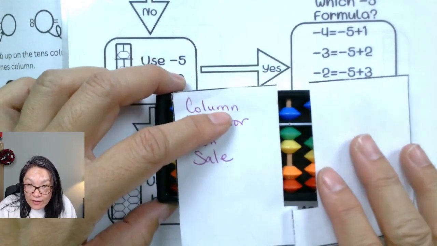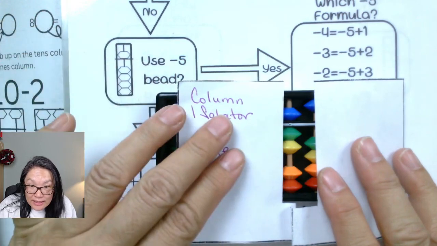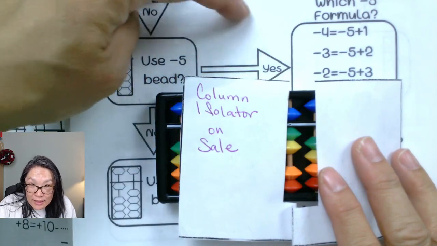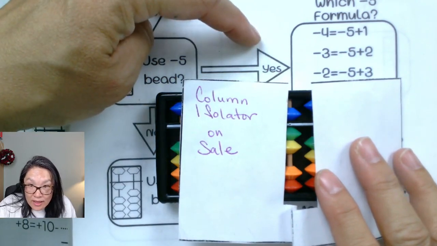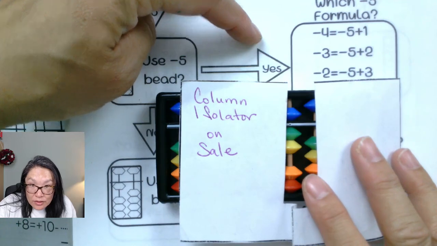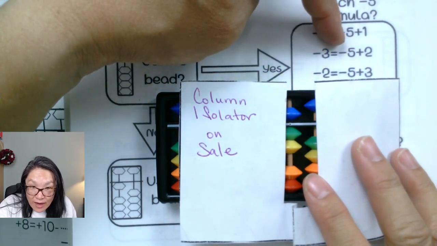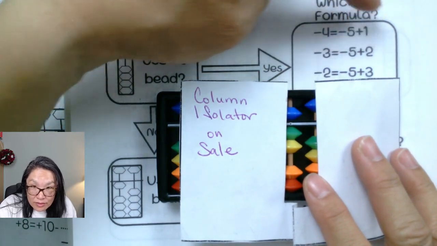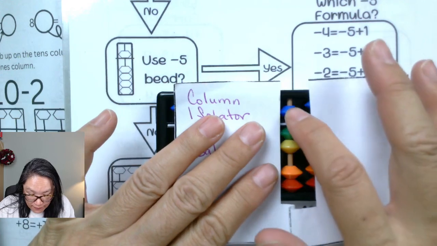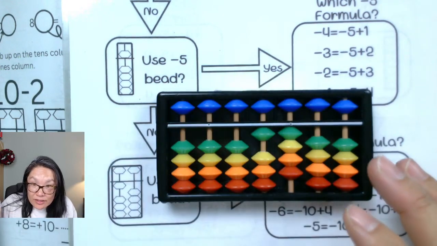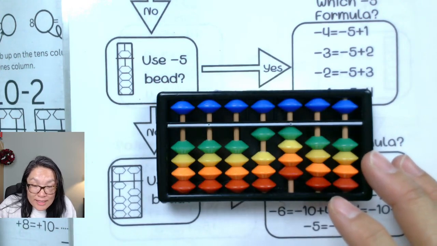Can I use the 5? Can I take away the 5? Yes, I can. Minus the 5 plus the 2. So I'm going to minus the 5 and I'll plus the 2. My final answer is 14.